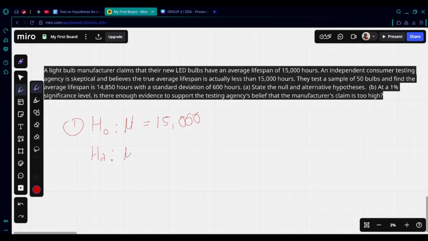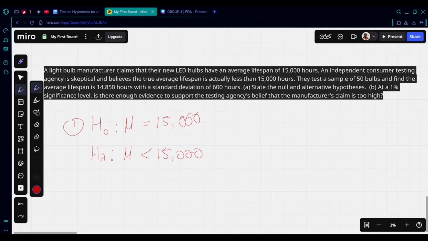So medyo nagdududa si independent consumer testing agency. So sabi, it was less than 15,000 hours. My apologies for the symbol that I have used. So we have now our null hypothesis and our alternative hypothesis.